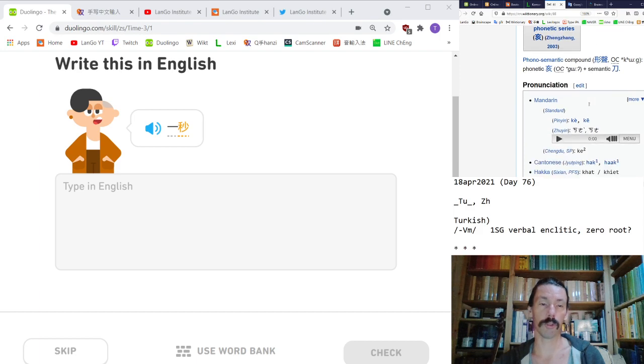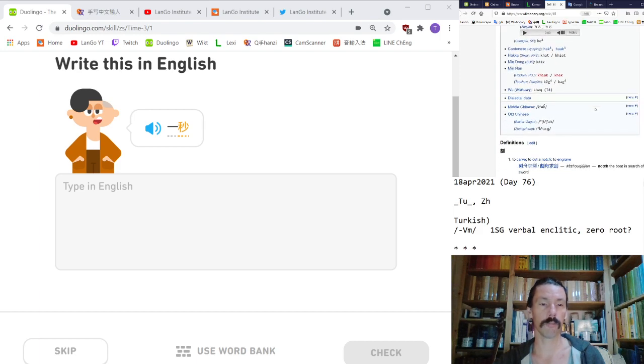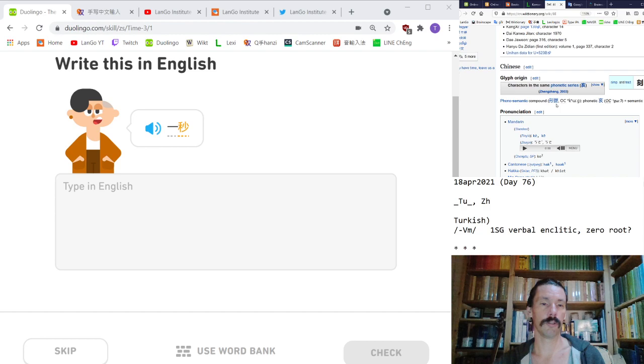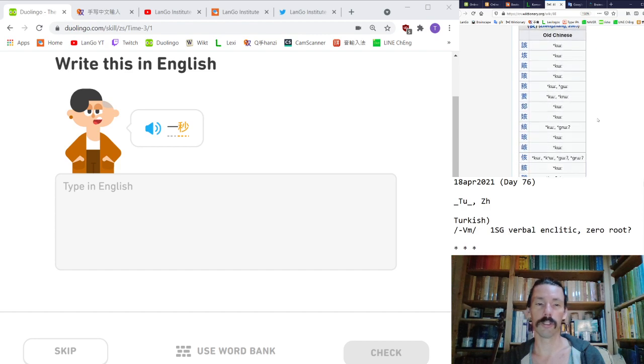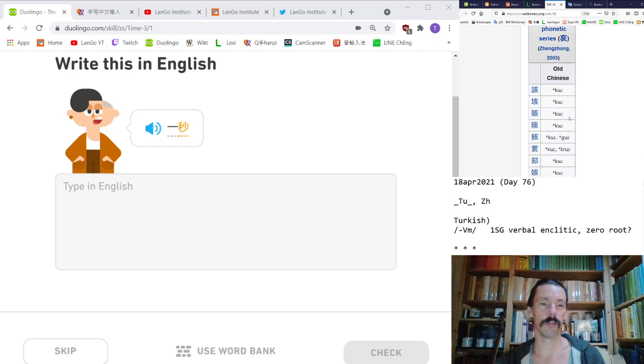And I've got it here pulled up already too, but go to the Wikipedia. There is a nice drop-down menu. So in the Chinese heading, this box that shows up near the top, characters in the same phonetic series. Look at this wonderfully sorted list. I mean, no perceivable order to me there, unless it's some phonetic thing.